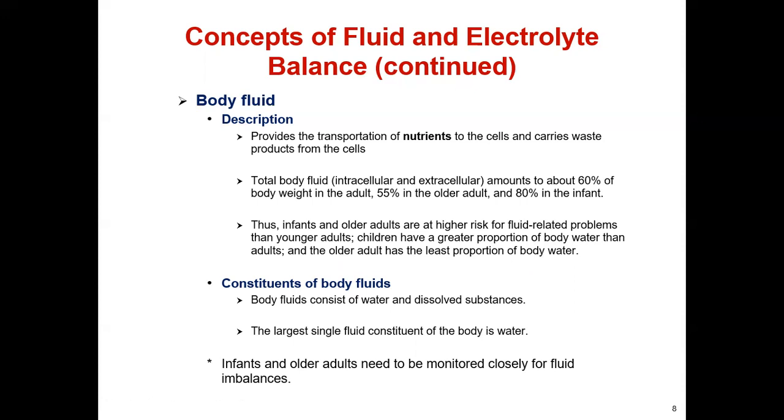The NCLEX board asks a question. With diarrhea or vomiting, even a burn patient, there is a chance of loss of a huge amount of fluid from the body, and the patient undergoes shock, hypovolemic shock. Who is at risk? Children, infants, and old persons.